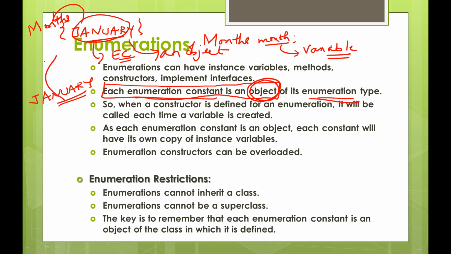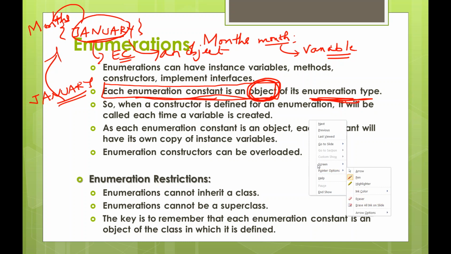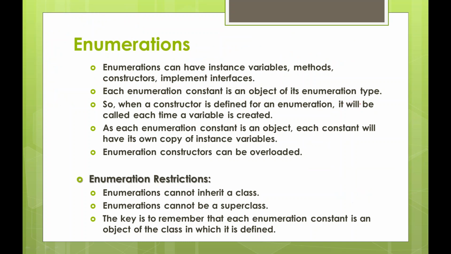January is an object of type month. So an enumeration constant is an object of the enumeration type in which we have declared or defined it. This is a very important point to remember.